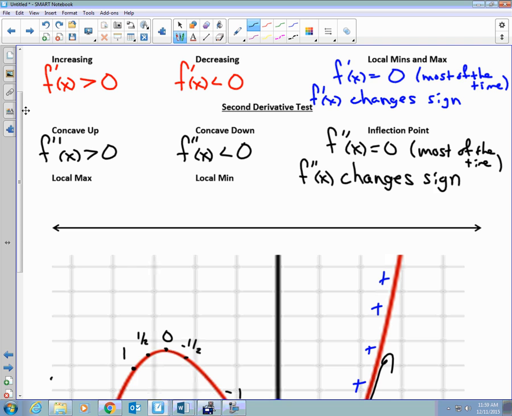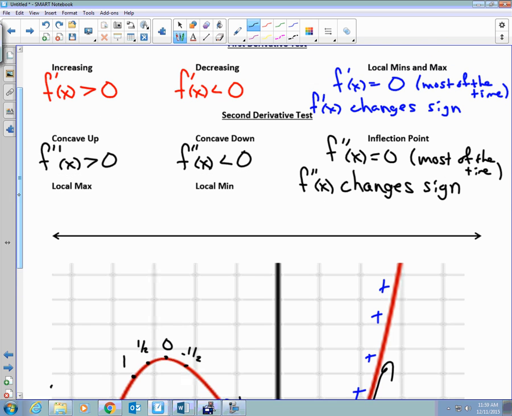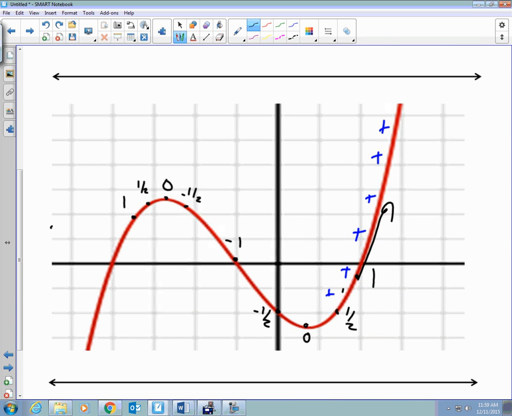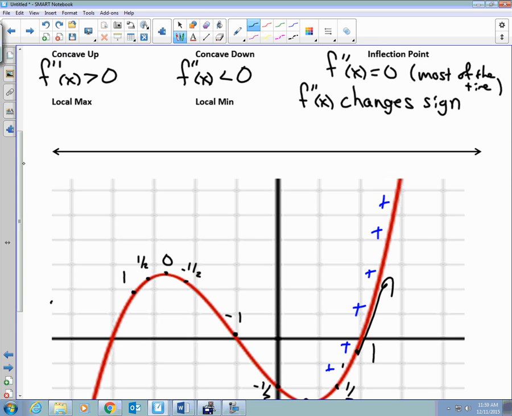Okay, last piece. Let's tie in local max and local min now to our second derivative test. If it's a local maximum, you tell me, is it concave up or concave down? Concave down. So a maximum happens when f double prime of x is negative.